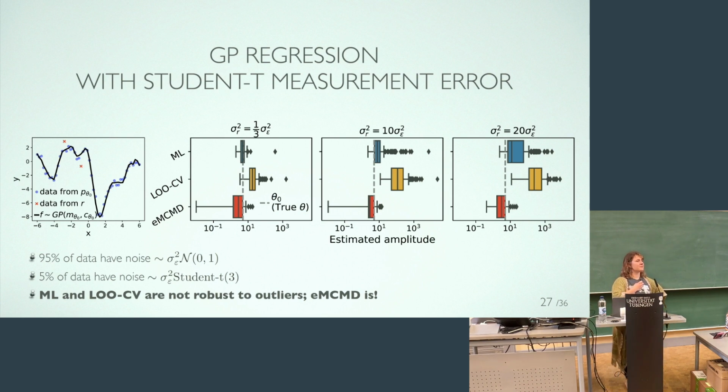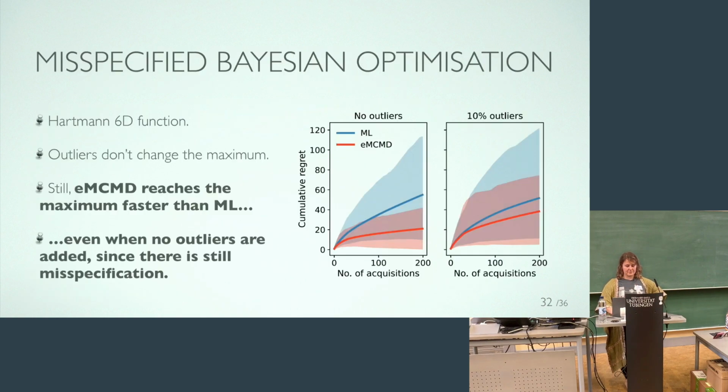Yes? For the last numerical experiment you showed, it looked a bit like if you have outliers, then the two solutions are a bit closer together. So the advantage of EMCMD seems to be more pronounced if there are no outliers. So frankly speaking, I think it's an artifact of the problem.